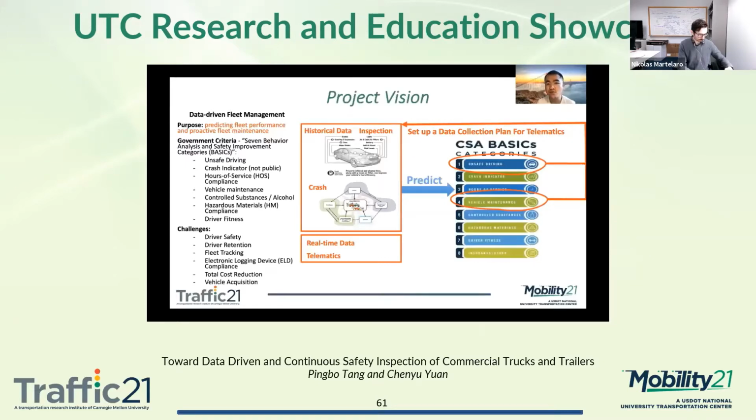The purpose of our project is to predict fleet performance and enable proactive fleet maintenance based on government criteria. We have 7 different categories that make up the rating system of carriers. And we also have a lot of challenges currently facing operators and fleet managers, so I listed all of them here.